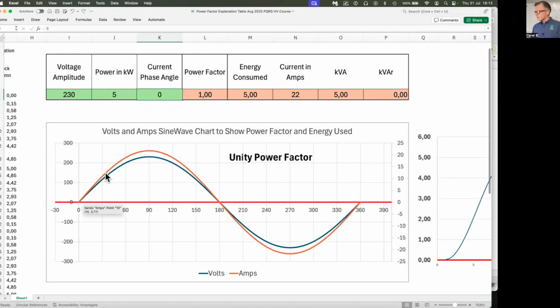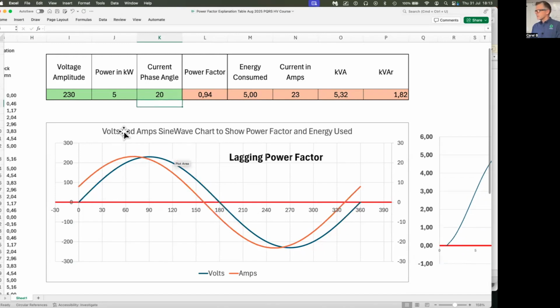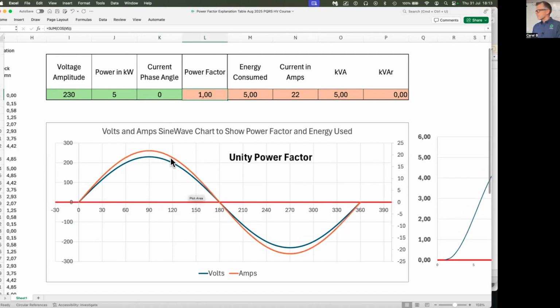I want you to have a look at what's happening over here. So at the moment, that's unity. The minute I change the angle, the phase angle we've got there is basically the difference between the current and the voltage. So if we change the phase angle there, it changes the wave and the shape of the wave.